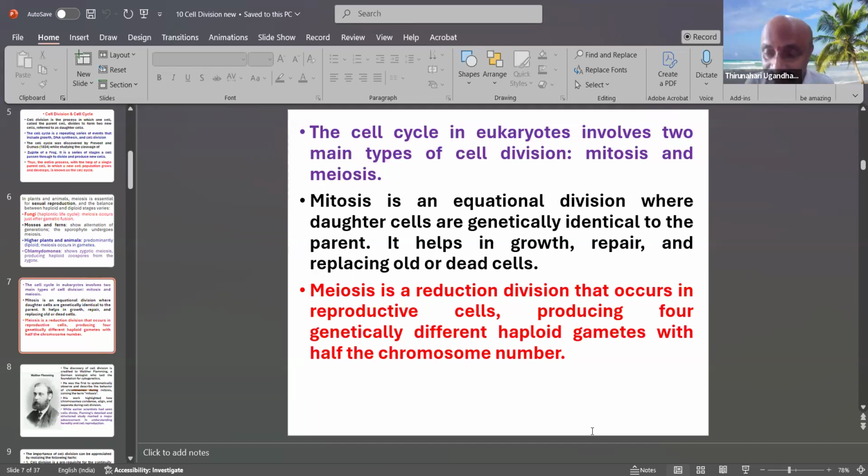But in animals, that is called the ovary, which forms the female gamete, the ova. Then the male gamete is formed in the testis; these testes form sperms. Male and female gametes are formed in two different organs, like testes and ovaries in human beings and animals. In other plants, microsporangium and megasporangium.